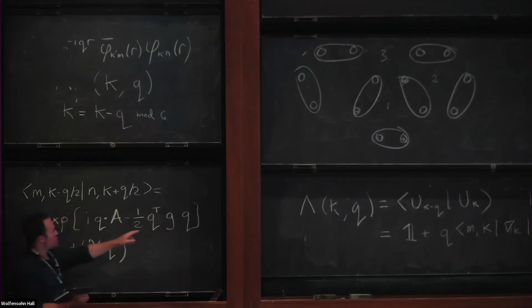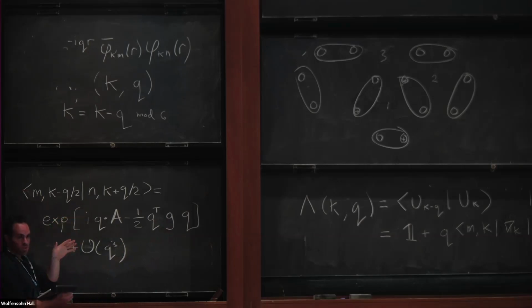Okay, so because G is, you can show, a positive definite matrix, it means that indeed, at least for small q, these form factors tend to fall off as a Gaussian. And therefore, because these form factors show up in the expression for the exchange energy, you'll tend to get larger results from the low Q limit.